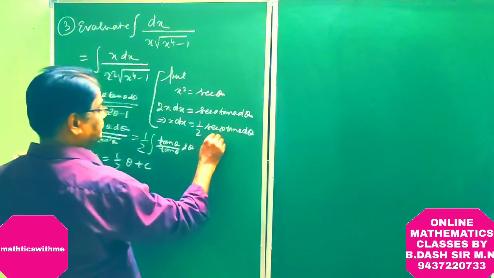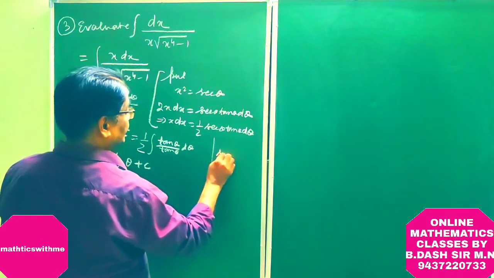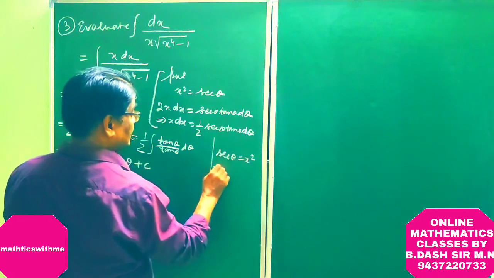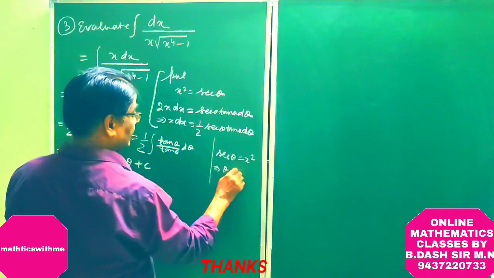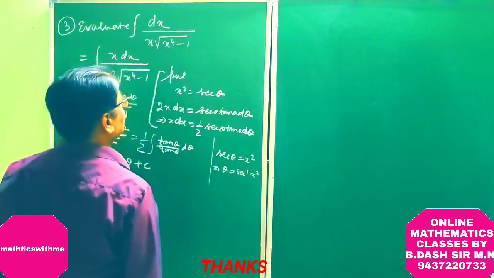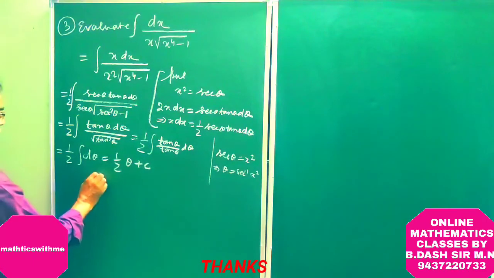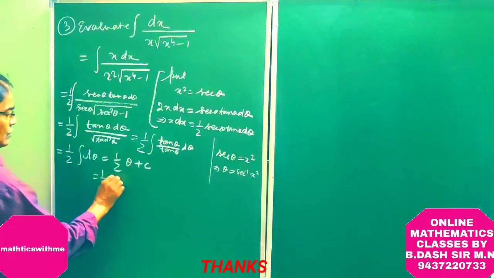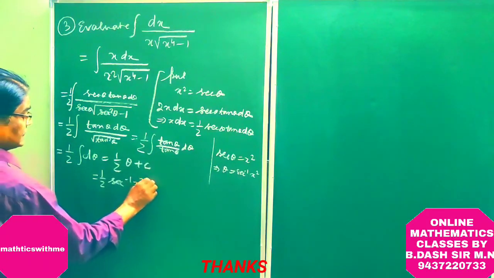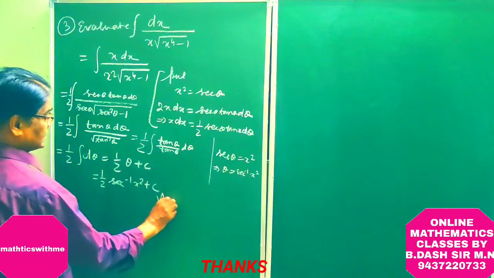So here sec theta is equal to x square. This implies theta is equal to sec inverse x square. So this is equal to 1 by 2 sec inverse x square plus c.